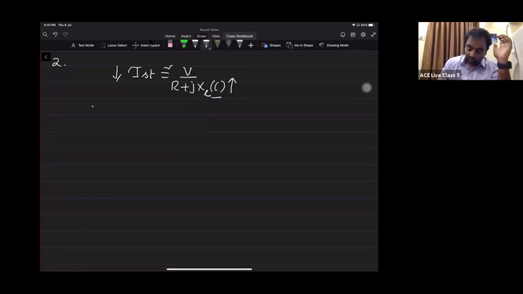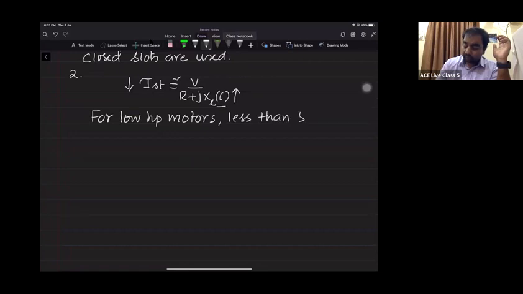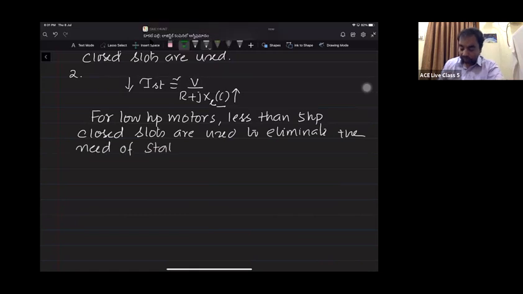So for low HP motors, less than 5 HP, closed slots are used to eliminate the need of starters.